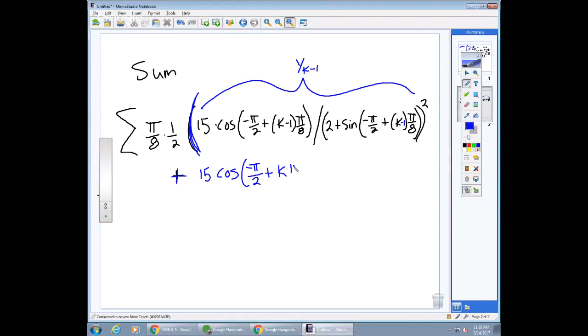This time it's the kth multiple of pi over 8, divided by parentheses 2 plus the sine of that same x value plus the kth multiple of pi over 8. Close the sine, close the denominator, and square it. And now I can finish closing that parenthesis right there. And all that has to be from k equals 1 to 8.